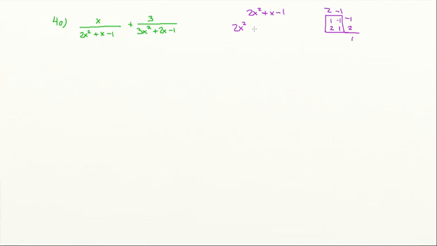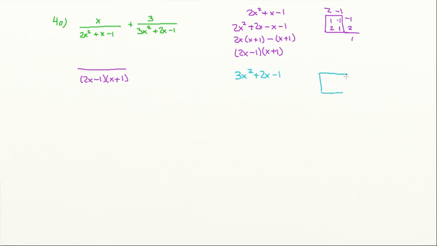So we can factor this. Let's factor the other denominator. Box method again. And we can factor it.